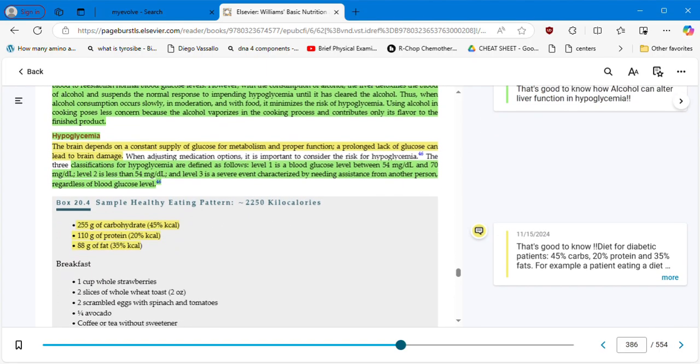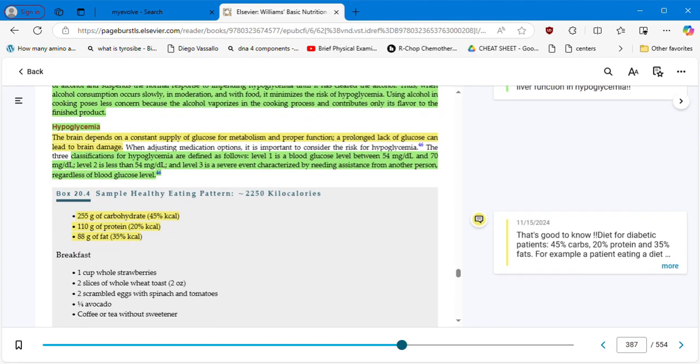Okay, hypoglycemia. The brain depends on a constant supply of glucose for metabolism and proper function. We know that. A prolonged lack of glucose can lead to brain damage. We know that, we review that. Classifications for hypoglycemia are defined as follows.